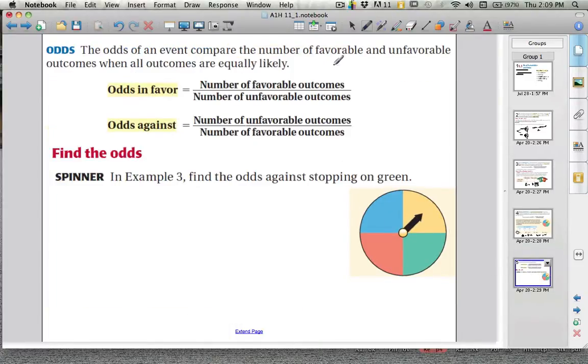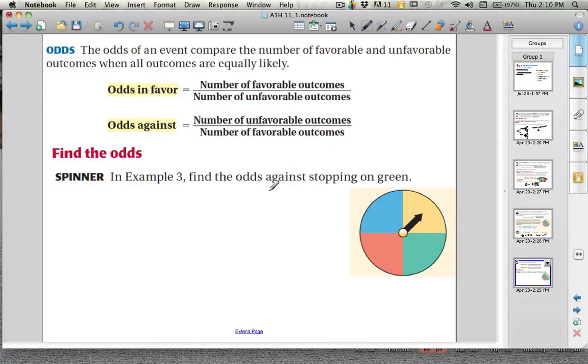Okay, and when we talk about odds, it's similar to probability in that the number of favorable outcomes typically goes in the numerator, but the denominator is the number of unfavorable outcomes. So instead of the total outcomes, odds in favor are favorable outcomes over unfavorable outcomes. Odds against are unfavorable outcomes over favorable outcomes.